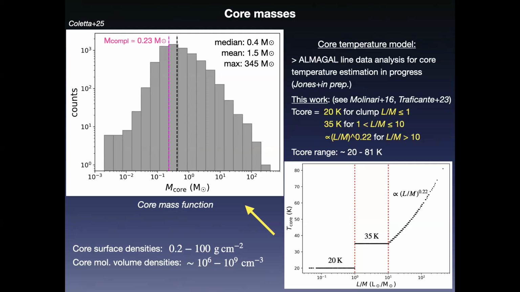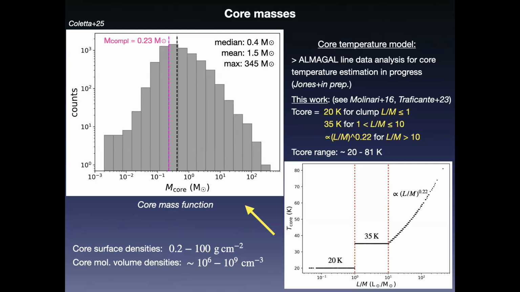Here I also report the average mass completeness value, which characterizes our sample, of about 0.2 solar masses. We estimated it through a flux completeness analysis using synthetic compact sources that we injected on ALMAGAL fields. We injected different flux levels and evaluated at which flux level we were able to recover at least 90% of the sources.